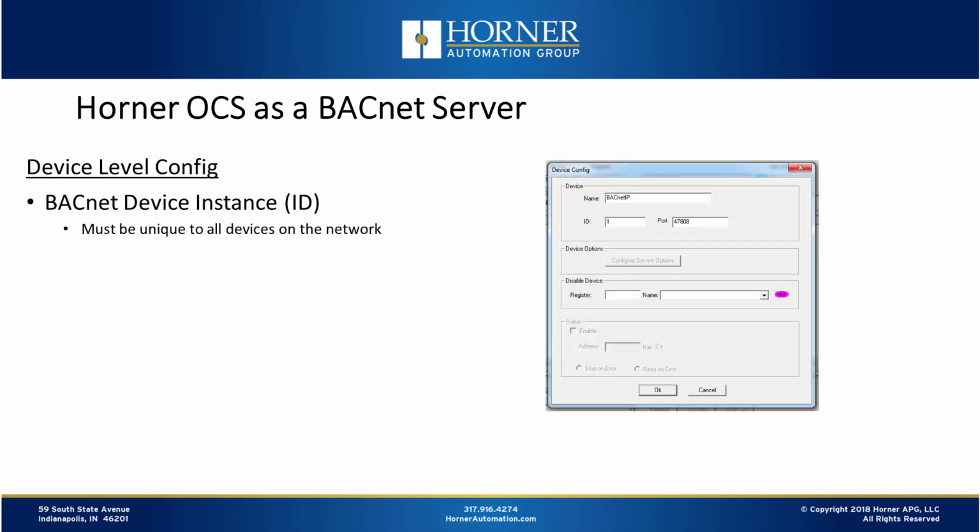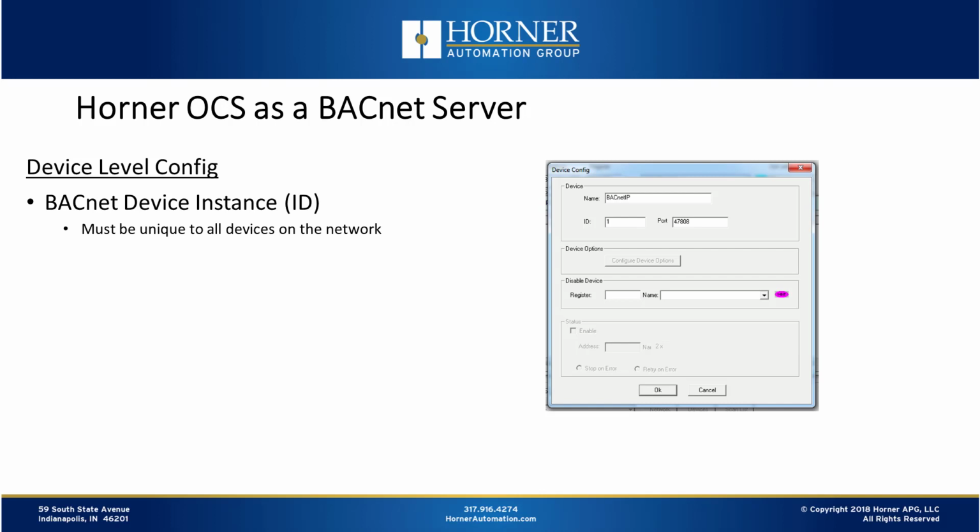Now we're moving on to the device level. And this is where, just like with MSTP, we need to assign a device instance ID, and that has to be unique. The default is 1, but we would suggest that you select something other than 1 because there's a lot of devices out there that have a default of 1. You'll also see that there's a default port of 47808 that's selected.